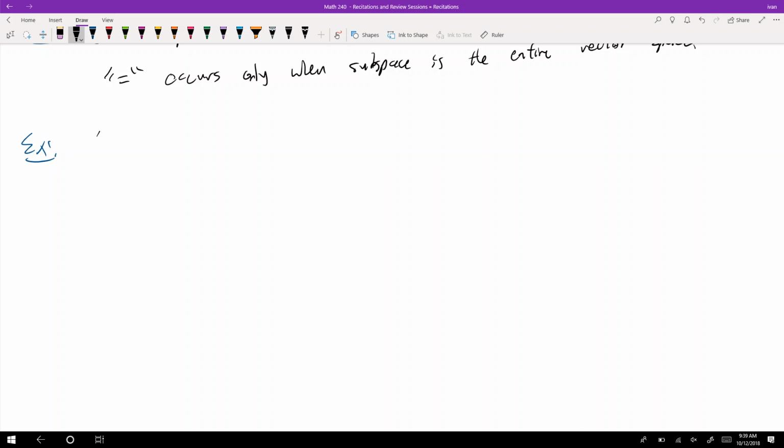Okay, so this is example 1. Let W be the set of 2x2 matrices such that A12 is equal to 2 times A21.